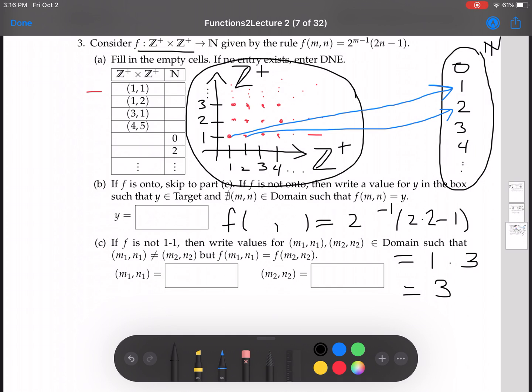So then we want a 1 here. How do we get a 1 there? Well, if we put a 1 there, then we have 2 to the 0, which is 1. So that means we want 1 over 1 up 2. So f of (1, 2) goes to 3. So that's 2 to the 1 minus 1, which is 2 to the 0, which gives me the 1. And the 2 there gives me 4 minus 1, which is 3. Okay, so (1, 2), over 1 up 2, goes to 3.